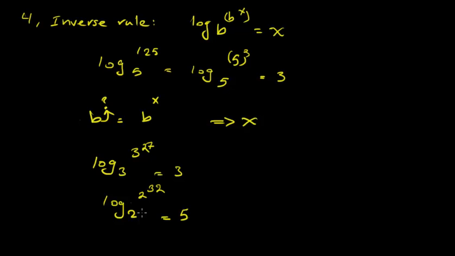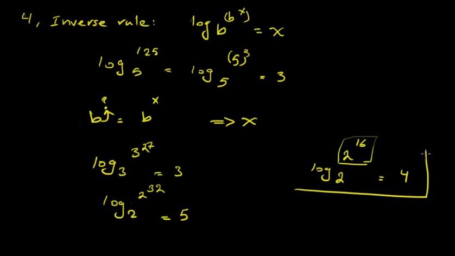By knowing the inverse rule, you'll be able to calculate any logarithm without needing a calculator. So let's say you have log 2 of 16. The answer is 4. You need 4 of these 2s in order to get 16, right? This is the answer to the whole logarithm.